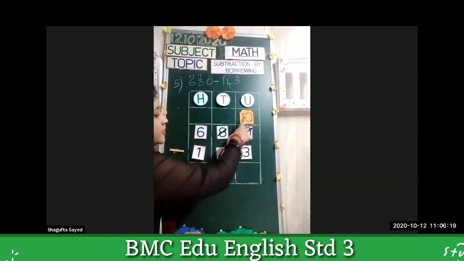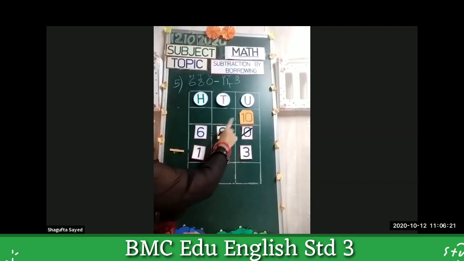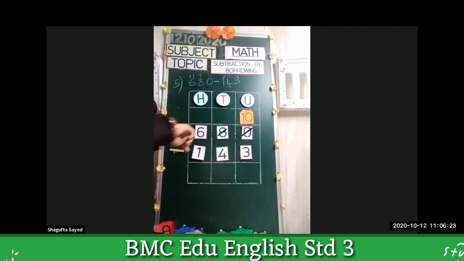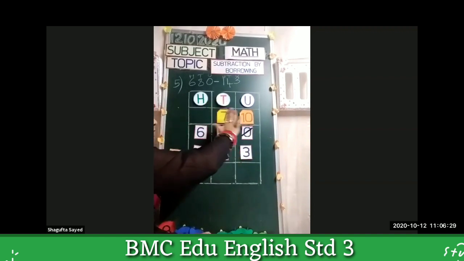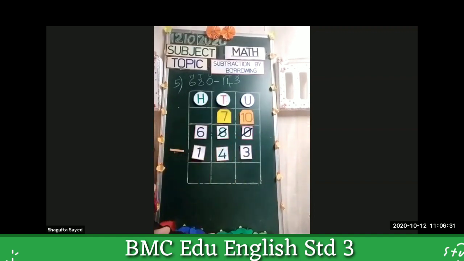So it becomes 10. Now I have given 1 from here, no? So what will be remaining here? Tell me. Absolutely right. 7. Okay. Now done. Our sum is over? No, we have just arranged and borrowed from our friend. Now we are going to solve it. Out of 10, 10 minus 3. Now from 10, if we minus 3, what will be the answer?